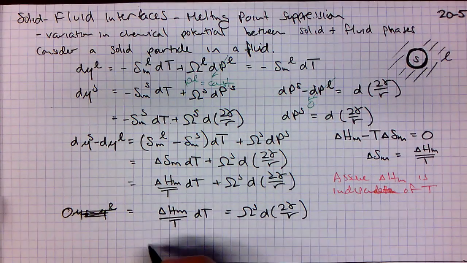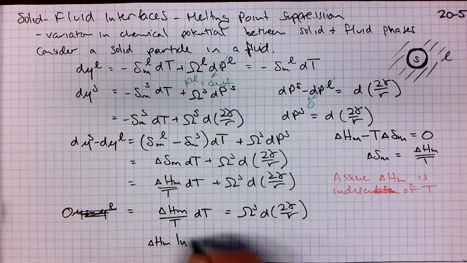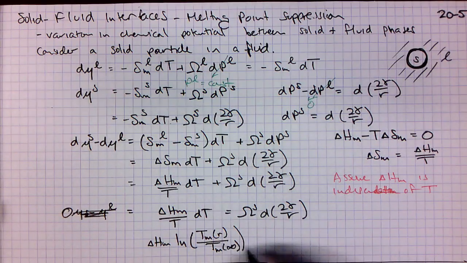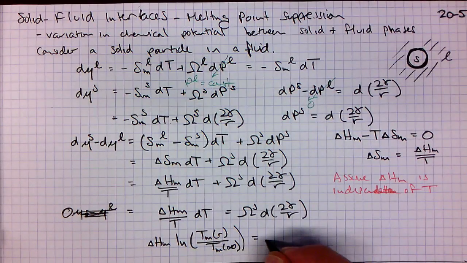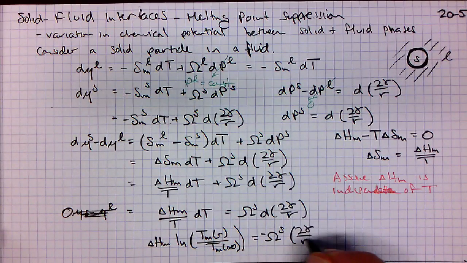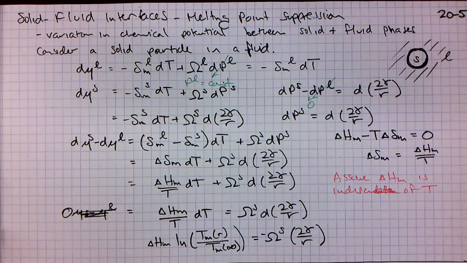What we get is that delta H_m times the natural log of T_m at radius r over T_m at radius infinity, the melting temperature of the bulk phase, has to equal minus Omega_S times 2 gamma over r.